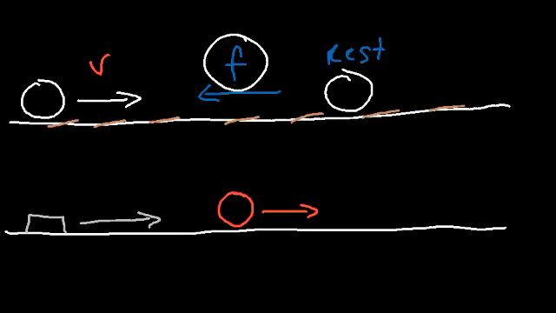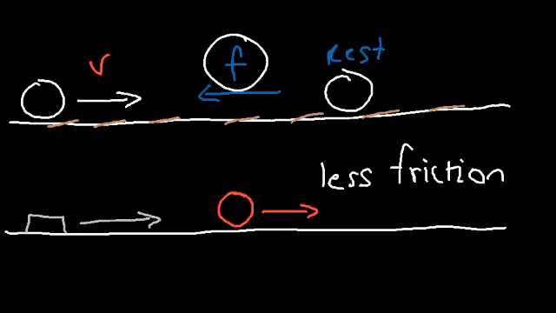But if you put a ball on an icy surface, it will roll for a longer time. The reason is that there's more friction between the ball and the rough carpet. But between the ball and the icy surface, there's less friction. And so because there's less friction, this ball will continue to travel for a much longer time.